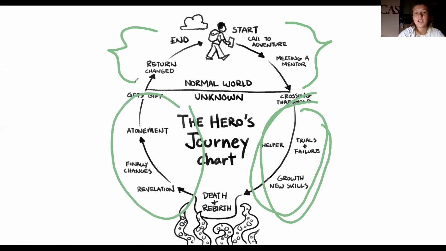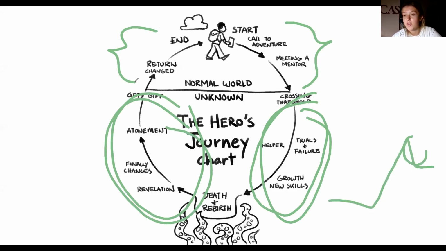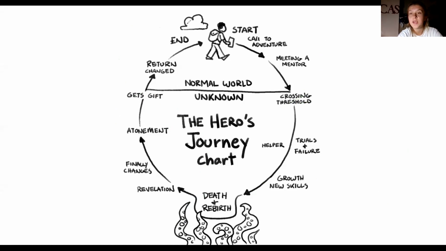So this is the rising action, this is the falling action. In our story arc, it makes it seem like the falling action is smaller than the rising action, but in the hero's journey, what they try to do is break it down so that it has just as many ticks as the rising action, right?